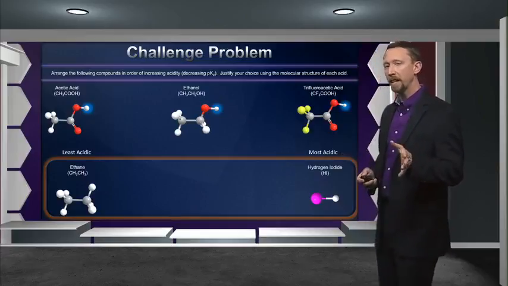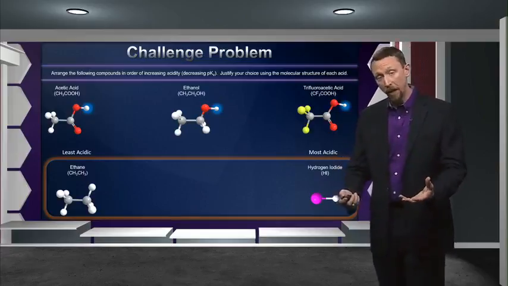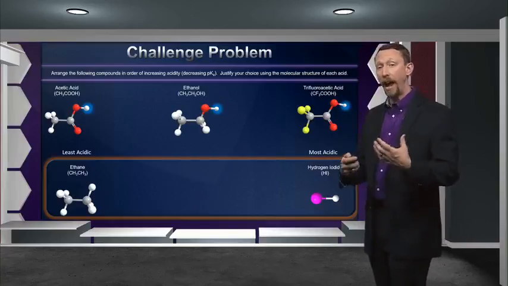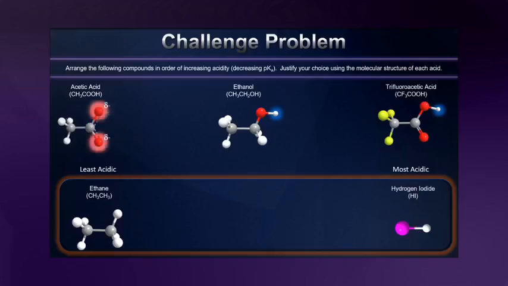So let's start by analyzing conjugate base stability and using that as our metric for acid strength. When I deprotonate acetic acid, I get a resonance effect which delocalizes that negative charge across the 2 oxygen atoms. So I have negative charge here, but it's not very concentrated negative charge. Let's look at the conjugate base of ethanol.